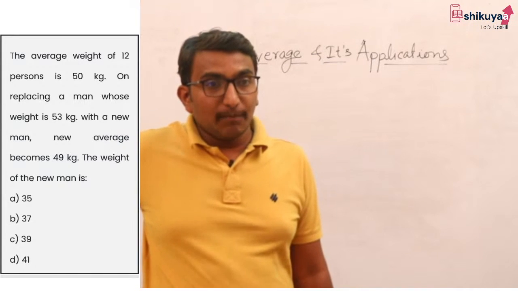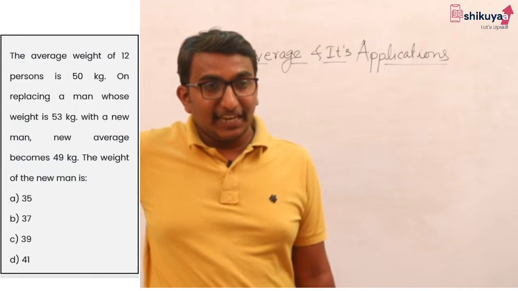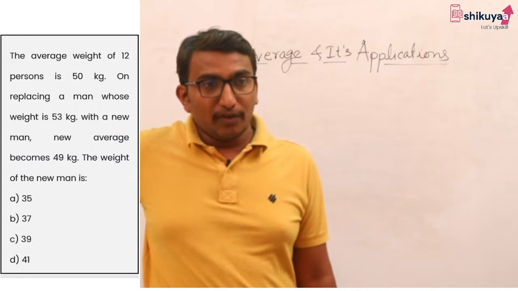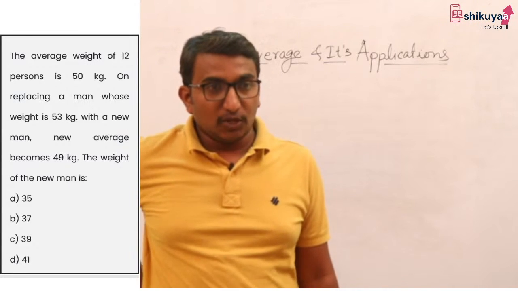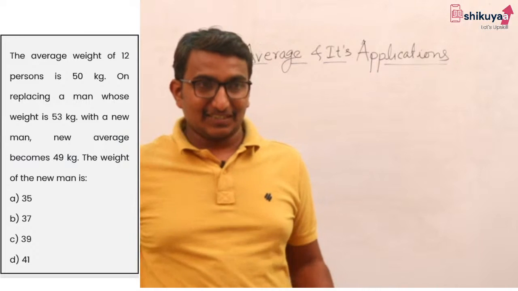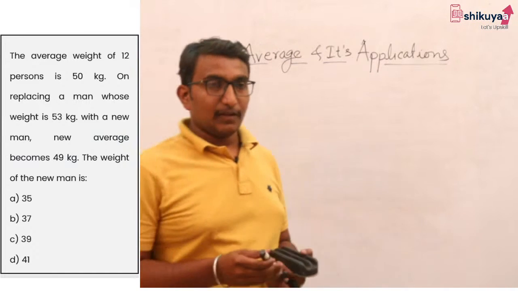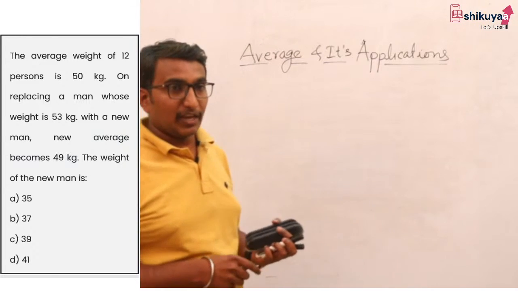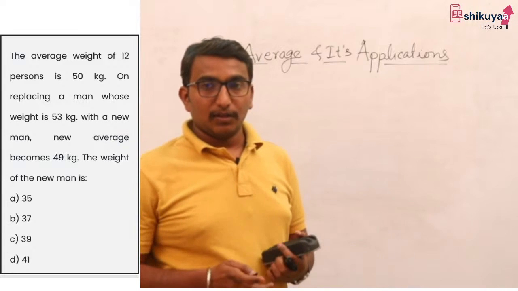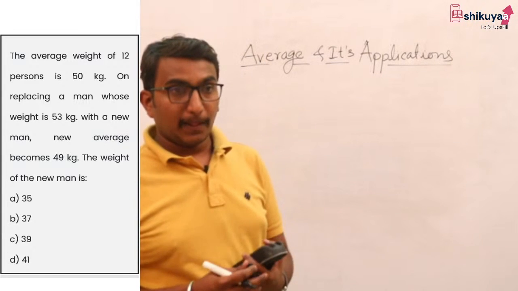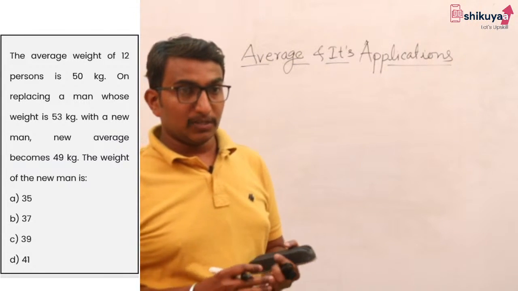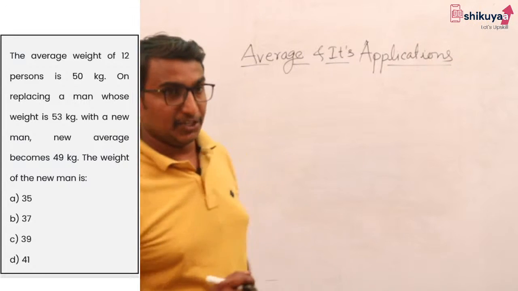On replacing a man whose weight is 53 kg with a new man, the new average becomes 49 kg. The weight of the new man is... again it is of the same type as the couple of previous problems that we have solved.